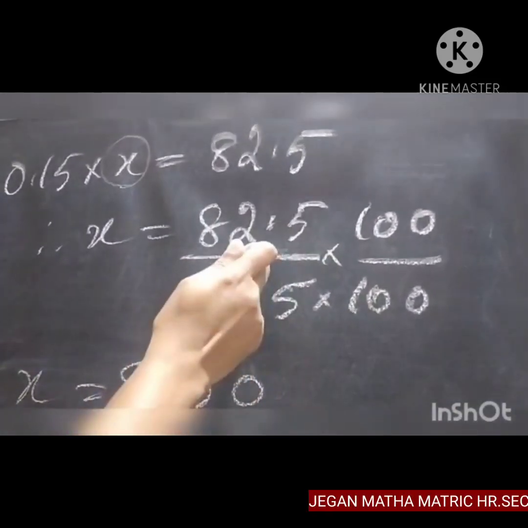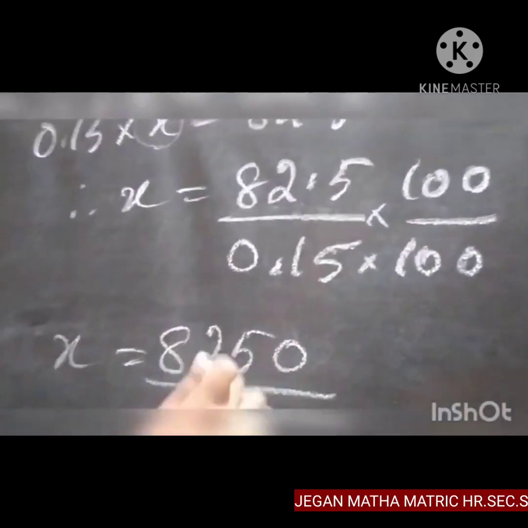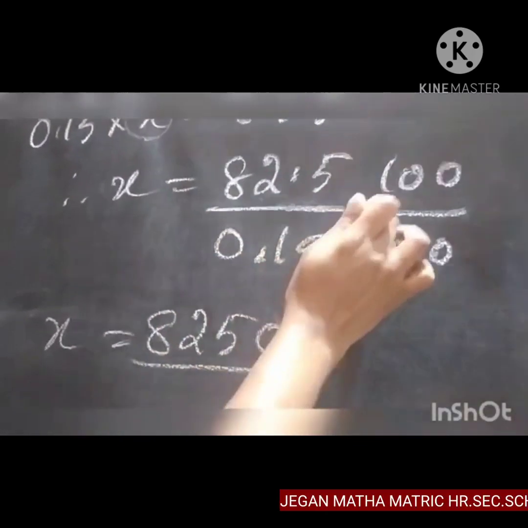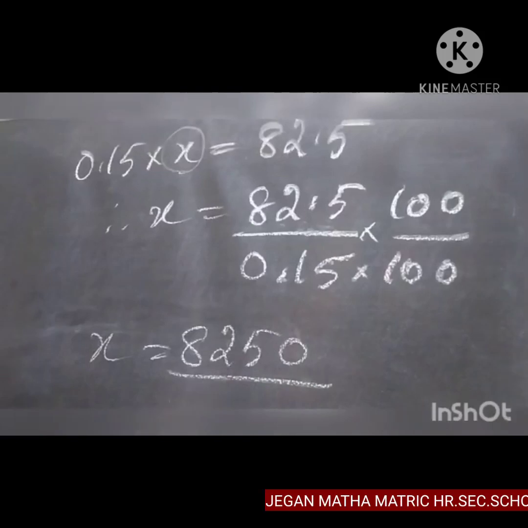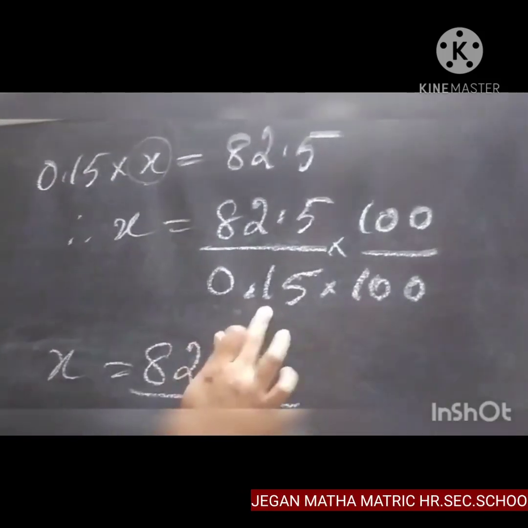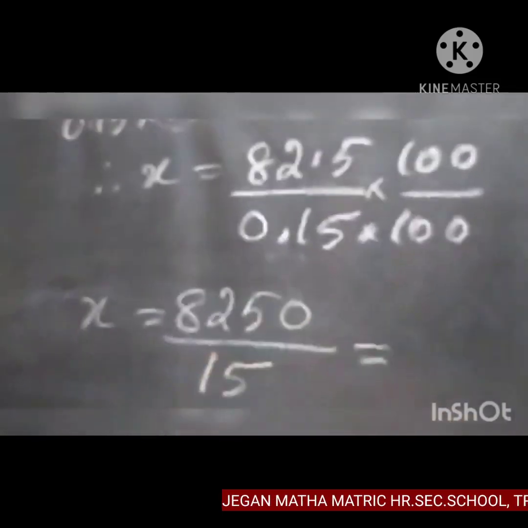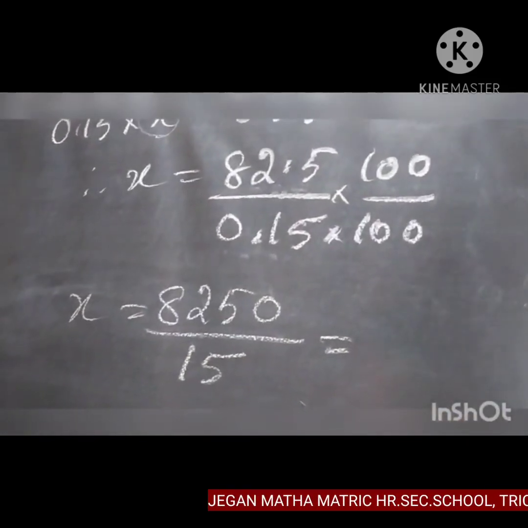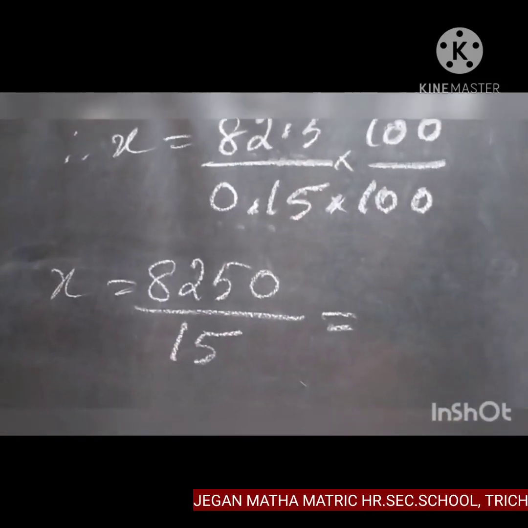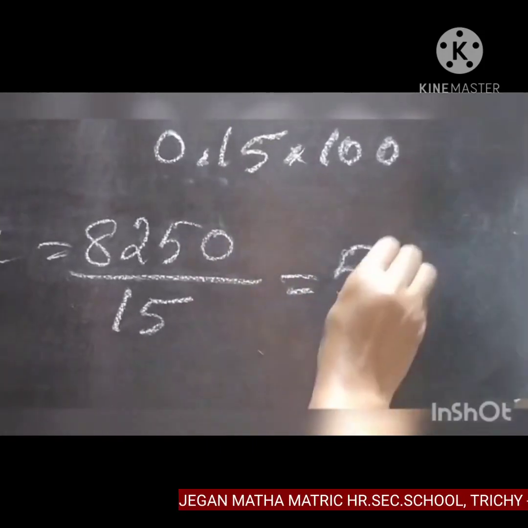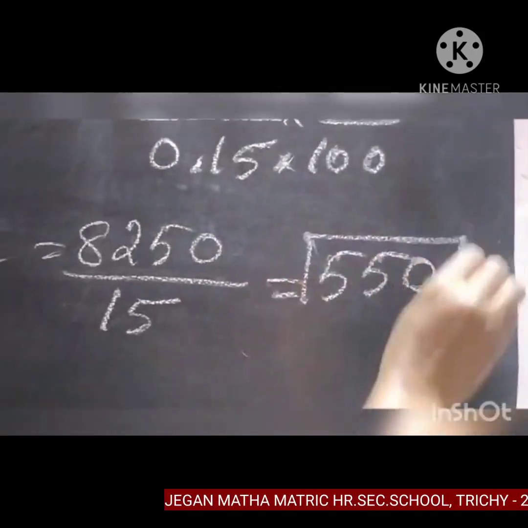So 82.5 into 100, you will get 8250. 0.15 into 100, you will get 15. Now divide the whole numbers: 8250 divided by 15, the answer is 550.